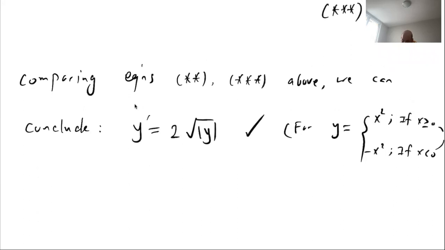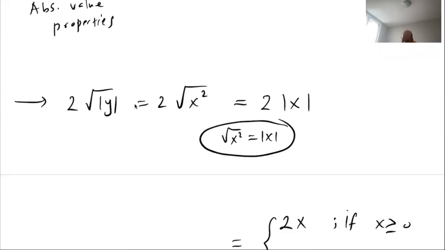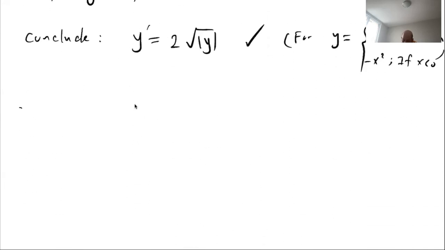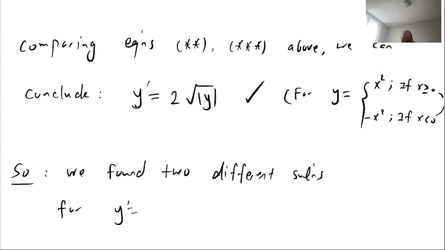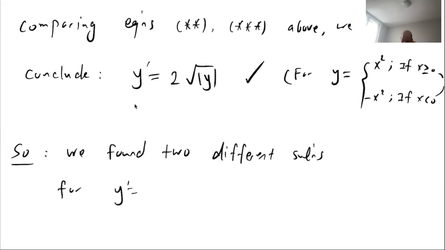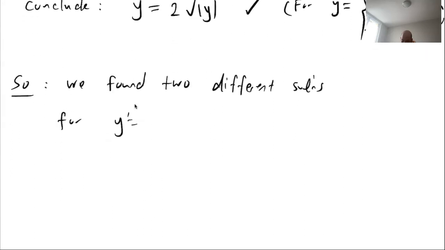So that means this is also a solution. So we found two different solutions for y prime equals 2 root absolute value y with y of 0 equals 0.